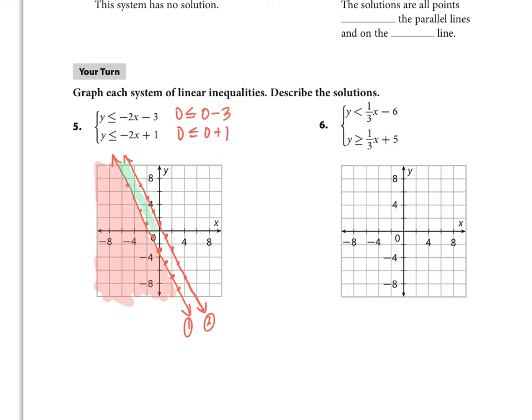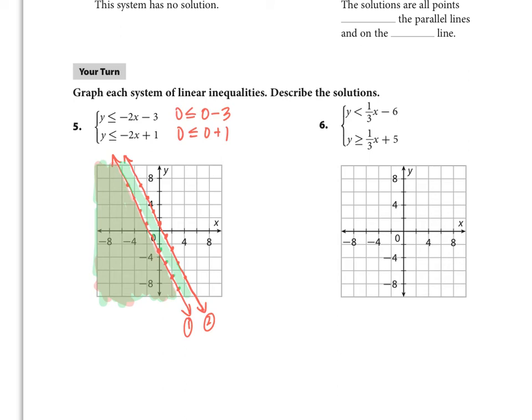That's this area, and it's going to change the color of my red area as well. But if you can see, if I shade everything below that second line, it includes all this red. And therefore, everything in this darker green area is my solution because it's overlapping.